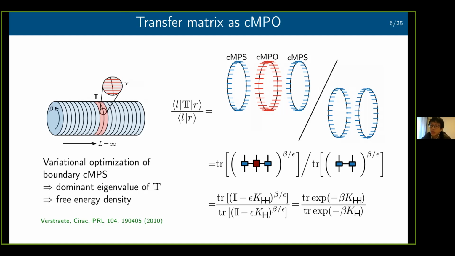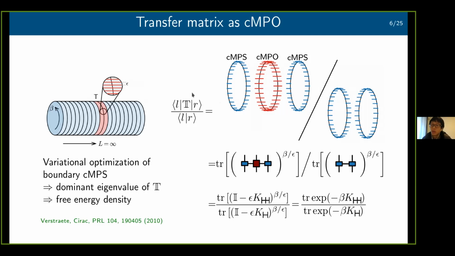Not exactly. For the CMPS we cannot directly employ the original DMRG procedure for the optimization. In our calculation, for the simplest case, if the transfer matrix is Hermitian, then the left dominant eigenvector and the right dominant eigenvector will be the same. Then we can calculate the gradient for this cost function and use gradient-based optimization methods.